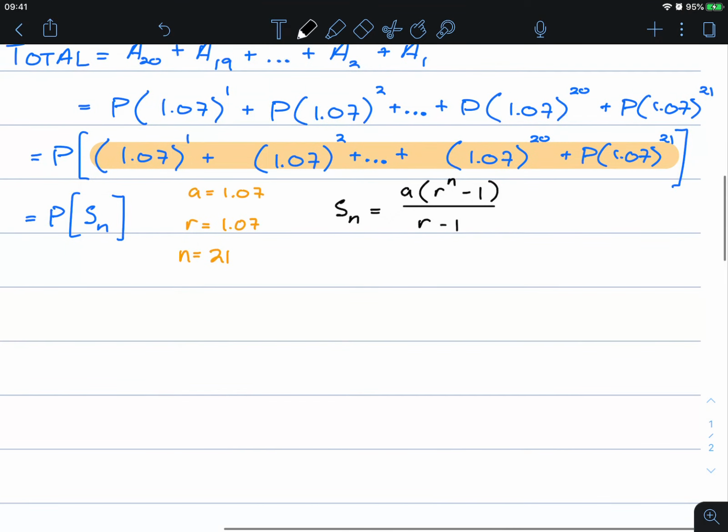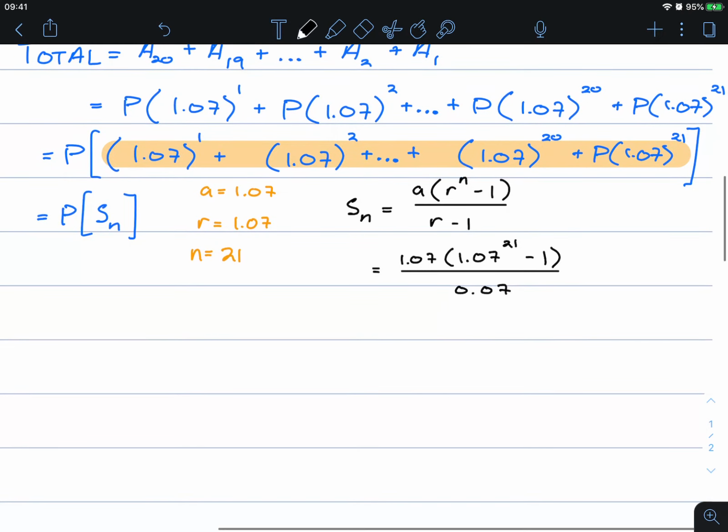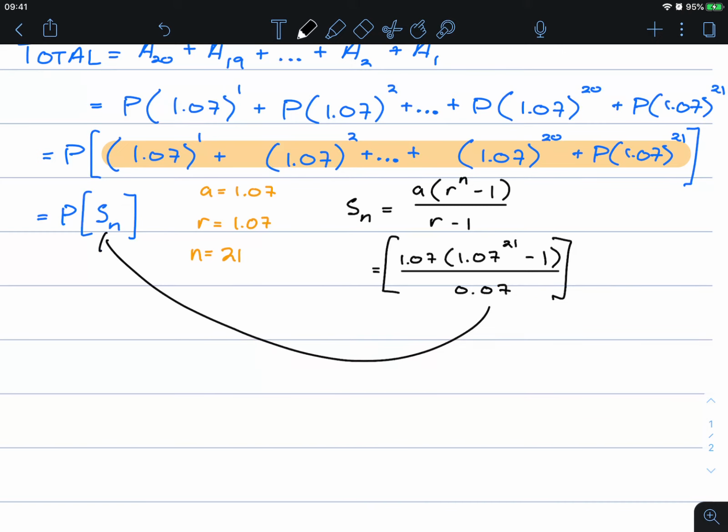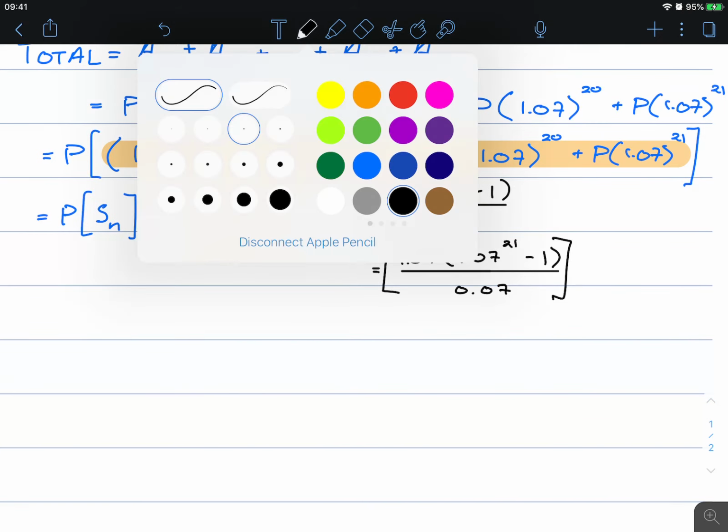Substituting our values in, we get 1.07 outside of 1.07 to the power of 21 minus 1 all over 0.07. Taking this expression and substituting it in to S of N.